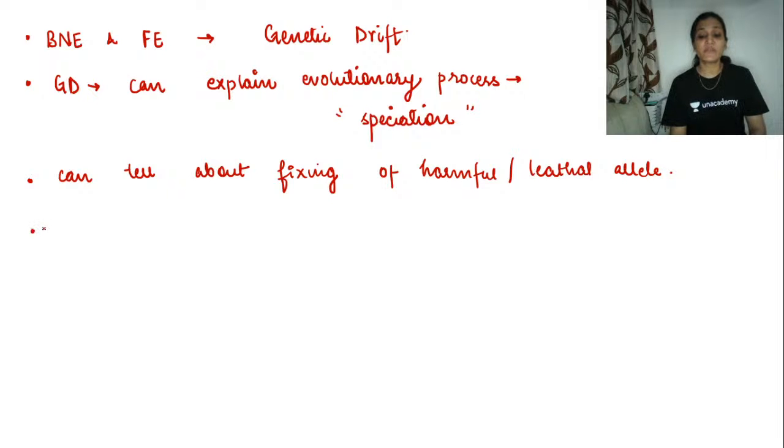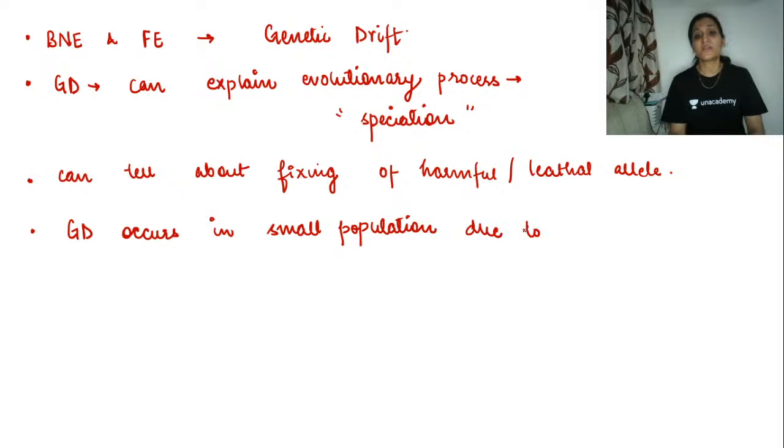So a random event which is significant in a small population can lead to genetic drift. Genetic drift occurs in a small population, with a random event. There is no specific reason for anything which is occurring, so it is due to the random event.